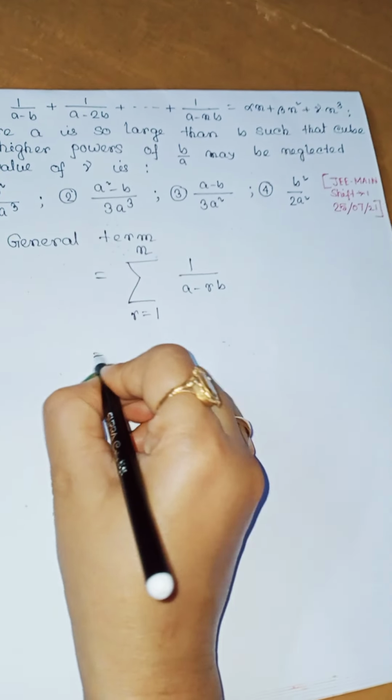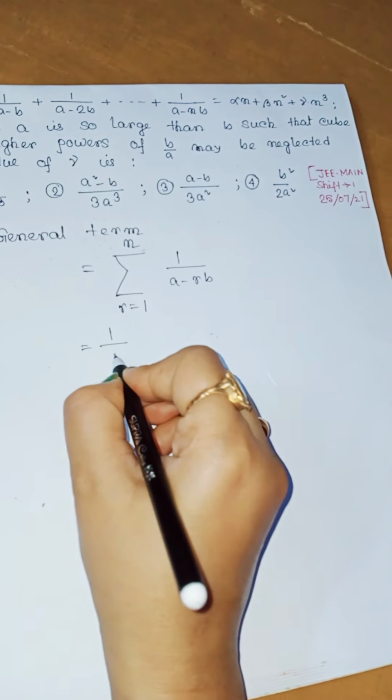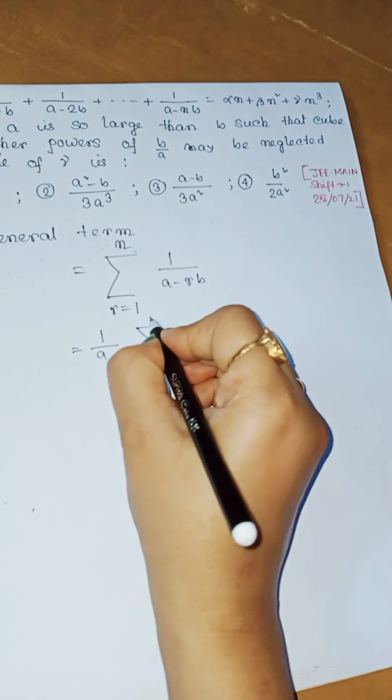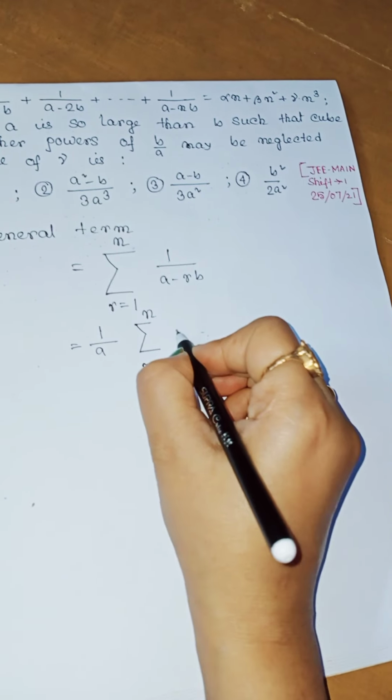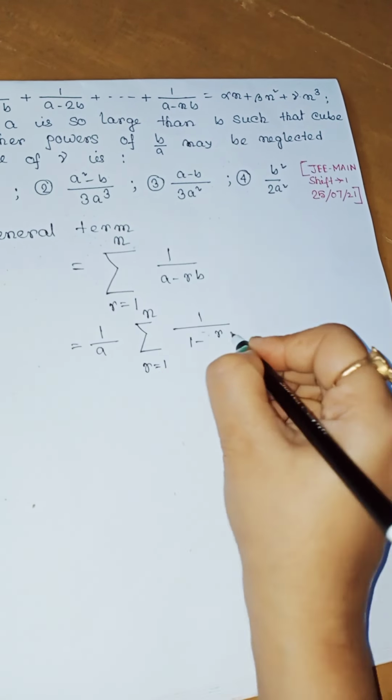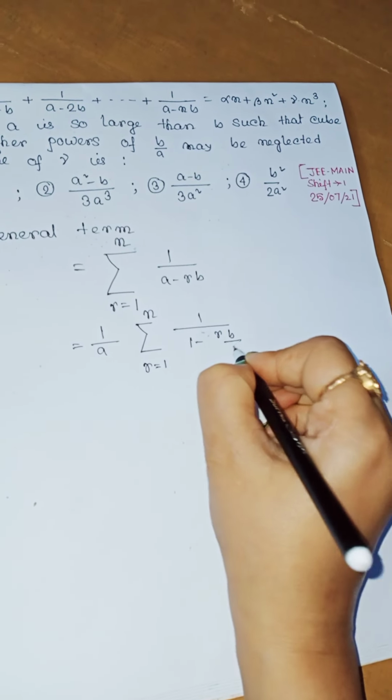Now calculate this: 1/a is common, so the summation from 1 to n, and the denominator becomes 1 - r·(b/a).